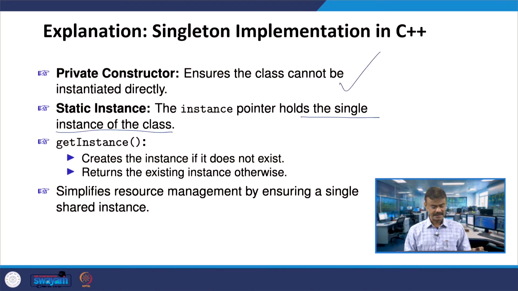It creates the instance if it does not exist, and returns the existing instance otherwise. This singleton implementation simplifies resource management by ensuring a single shared instance. Think about the single coffee machine in the office: this class has a single shared instance.